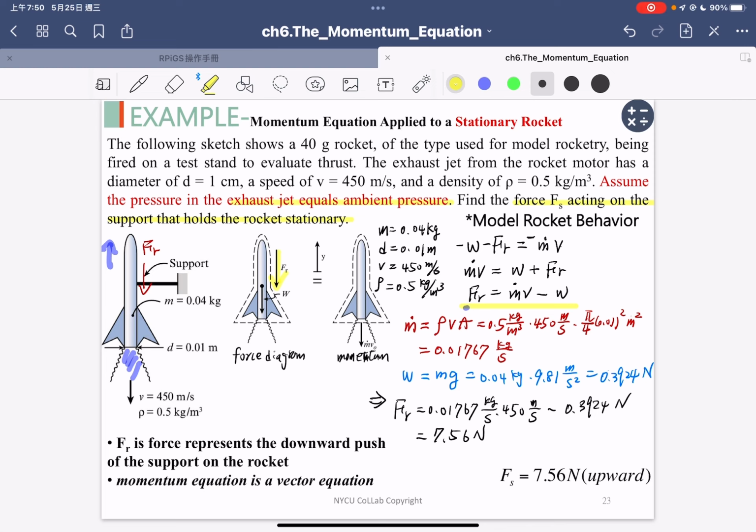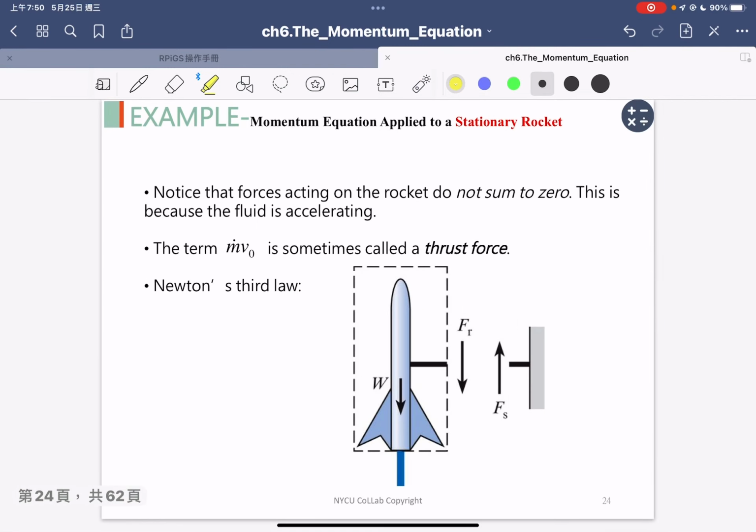But the question requires the force Fs acting on the support that holds the rocket stationary. So what is the Fs? Based on Newton's third law, the Fs is the reaction force of the Fr. So we have a reaction force along this direction, and that is 7.56 Newton upward.